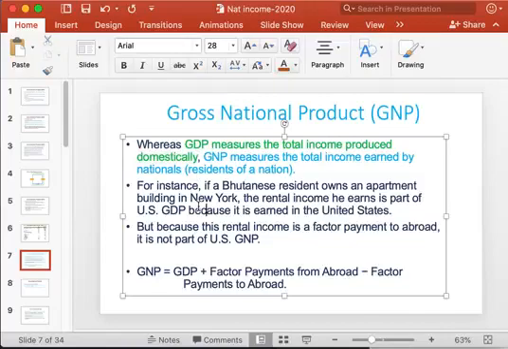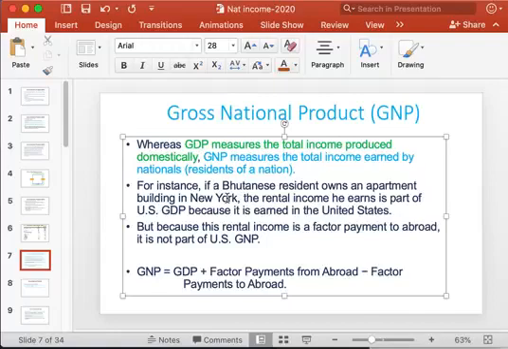Okay, so GDP is the total income produced domestically, whereas GNP is the total income earned by the nationals anywhere in the world.